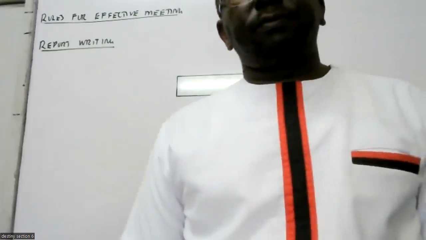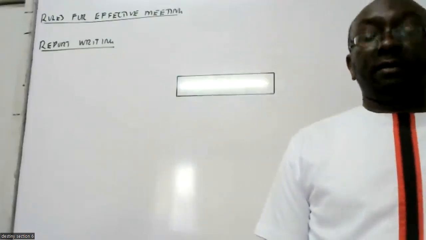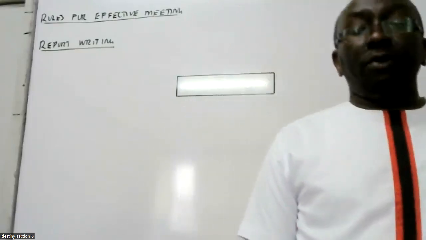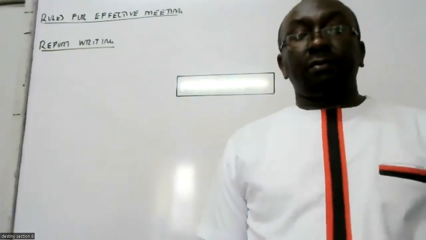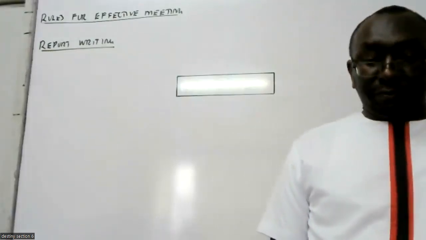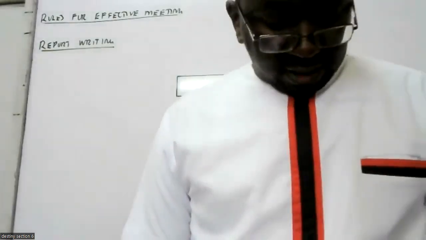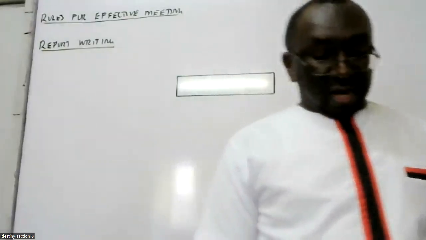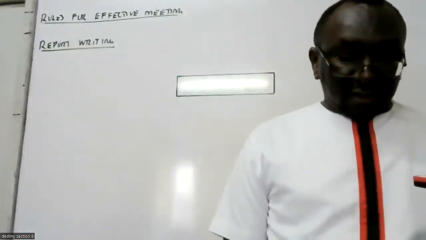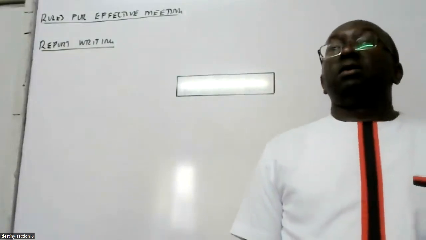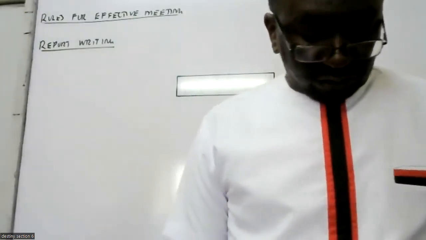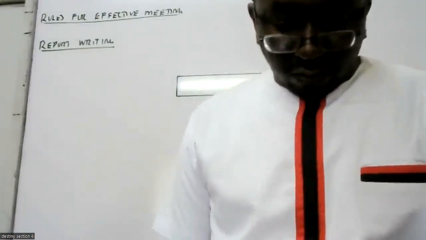And number four is readable. So those are the qualities of a good report. It should be complete. It should be clear. It is supposed to be concise, not very long. And it should be something that is readable.